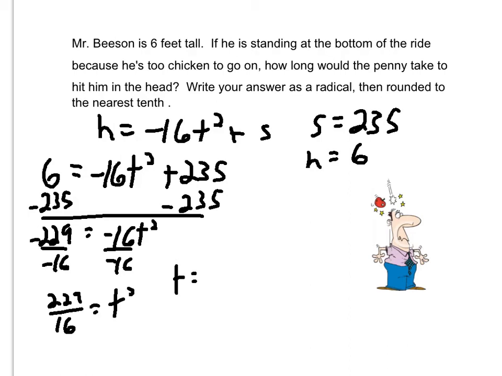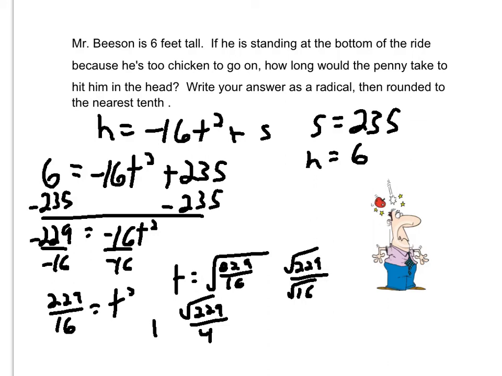So t is going to equal the square root of 229 over 16, which is the square root of 229 over the square root of 16. So that's the square root of 229 over 4. So t equals the square root of 229 over 4.